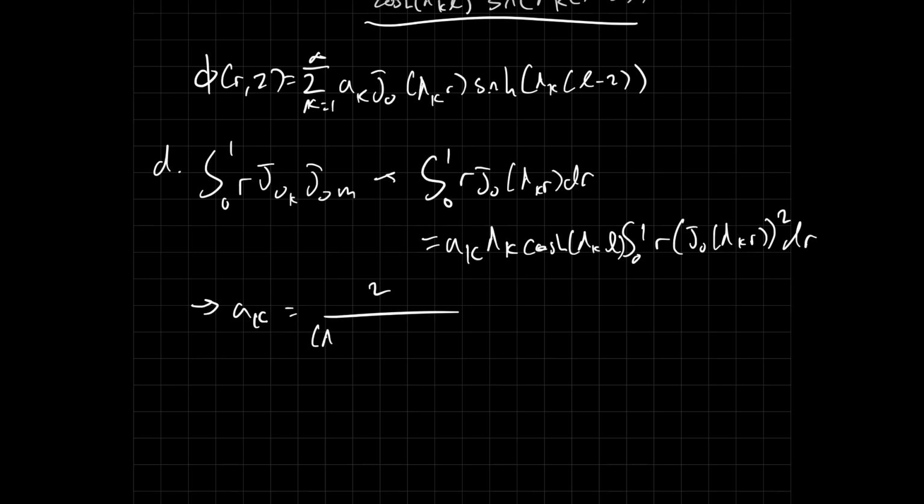You'll get here plus 1 times j1 lambda k cosh of L. And that is going to be the solution.